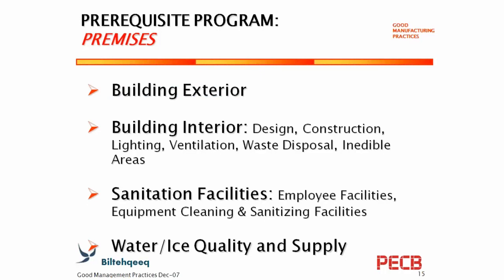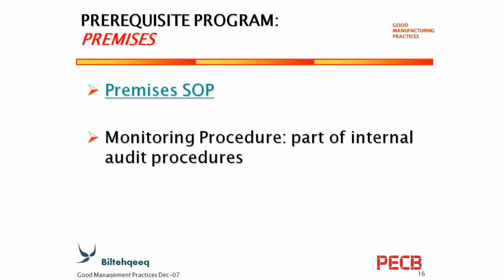And if you are using water or ice in your manufacturing process, you have to ensure that there is no contamination through this water or ice. So you have to prepare a proper monitoring procedure, and you have to ensure that this procedure is well implemented, and you will check the implementation of this procedure through your internal audit.